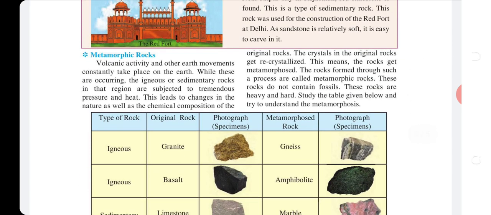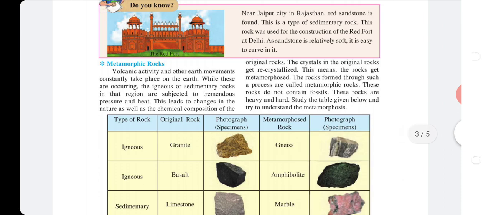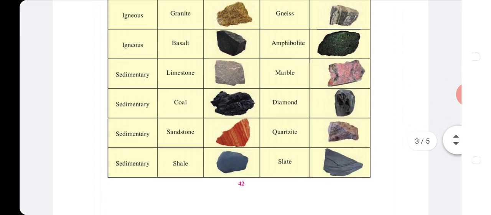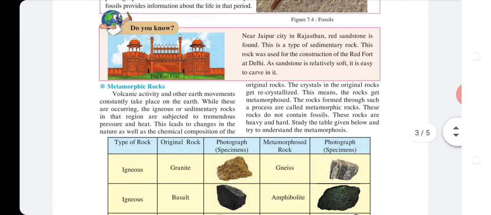Metamorphic rock. Volcanic activity and other earth movements constantly take place on earth. While these are occurring, the igneous and sedimentary rocks in that region are subjected to tremendous pressure and heat. This leads to changes in the nature as well as chemical composition of the original rock.